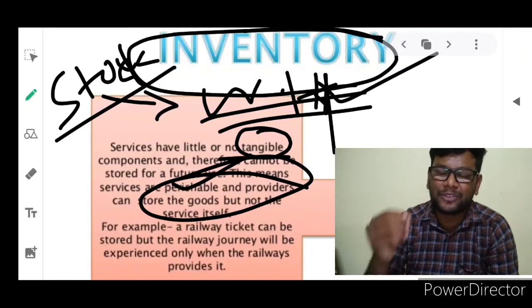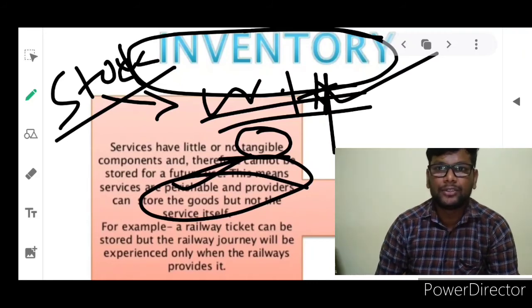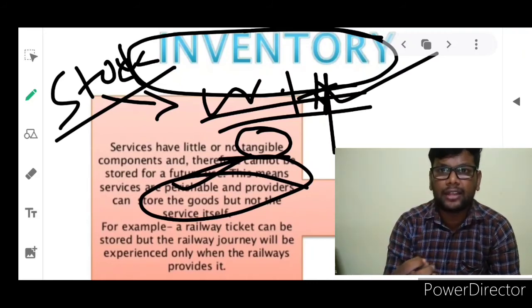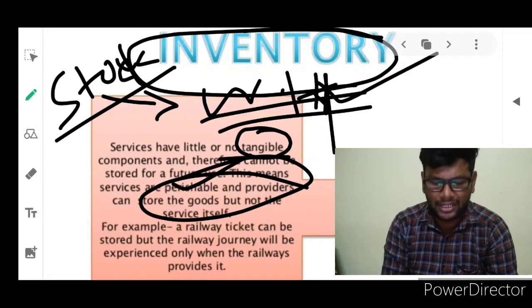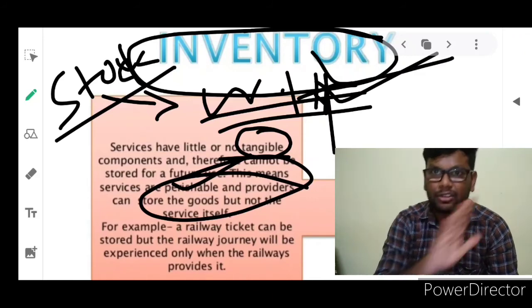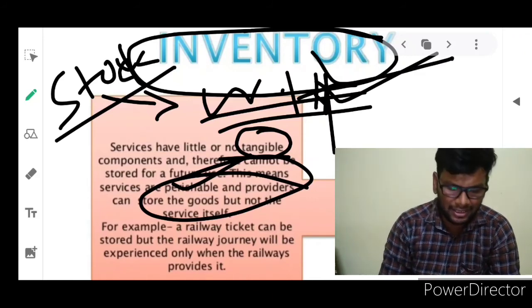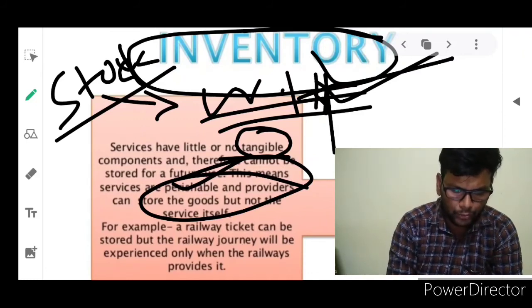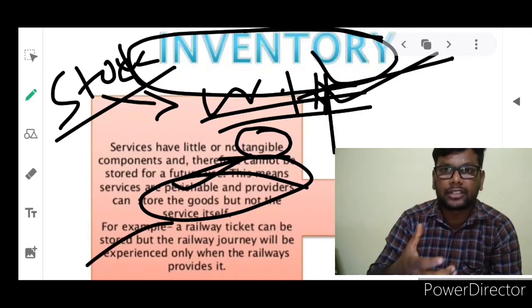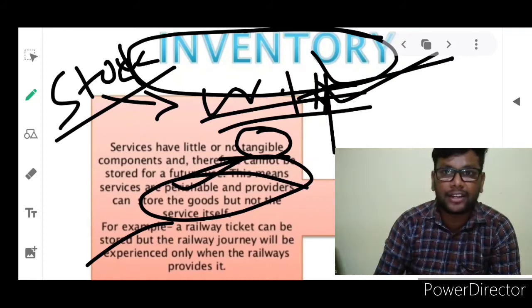So we can only enjoy and feel it, but we can't even touch it. Then how can we consider it as an inventory? It is not an inventory. For the example they have given, a railway ticket can be stored. So much of a bundle of tickets are there. These tickets can be stored in a warehouse.